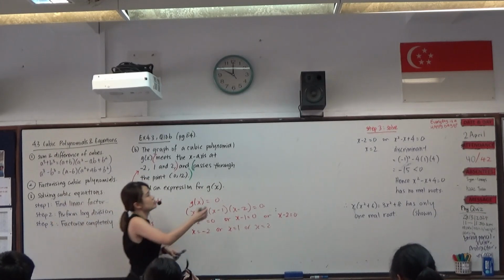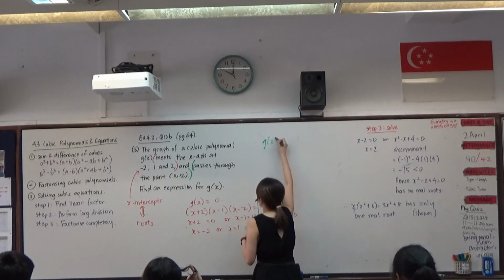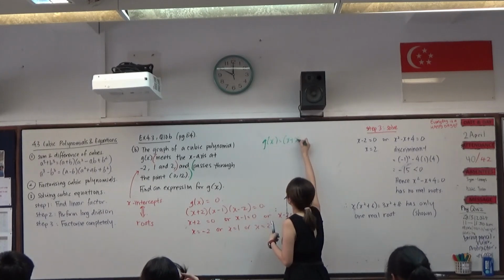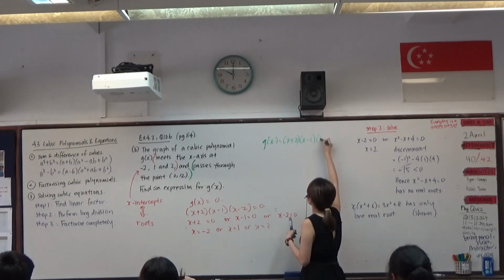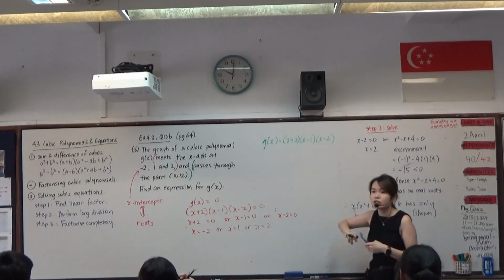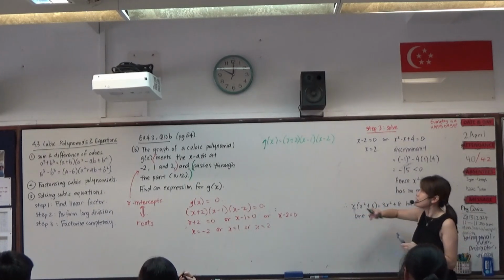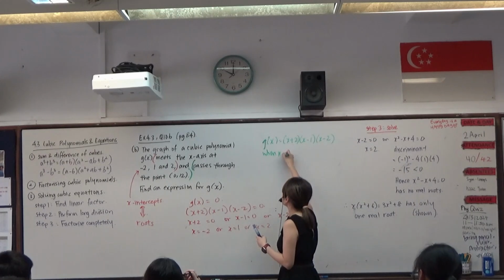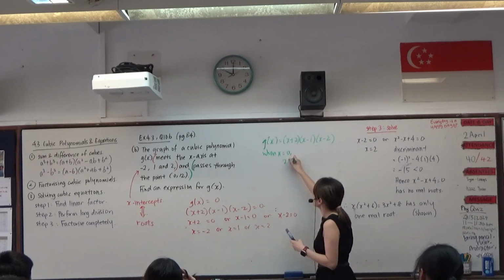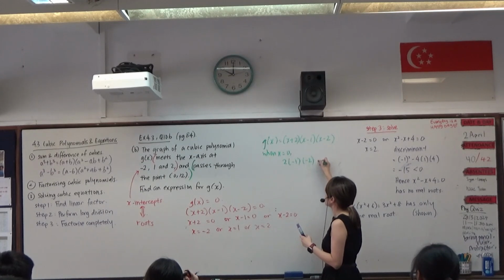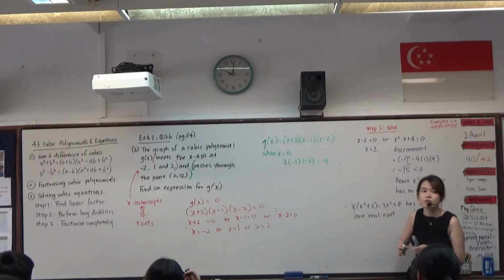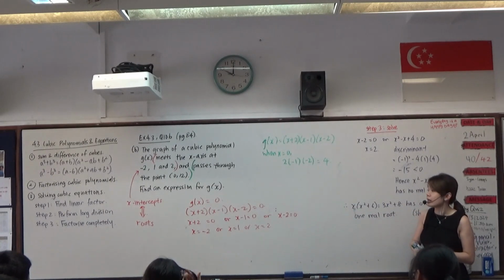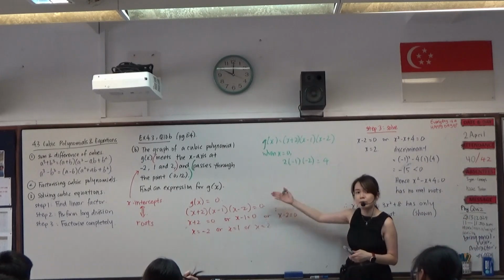If I claim that g(x) is going to be (x plus 2)(x minus 1)(x minus 2), is that true? No. Because when I put x equals 0, I will get 2 times negative 1 times negative 2, which equals 4, not 12. So something's not right in my process.